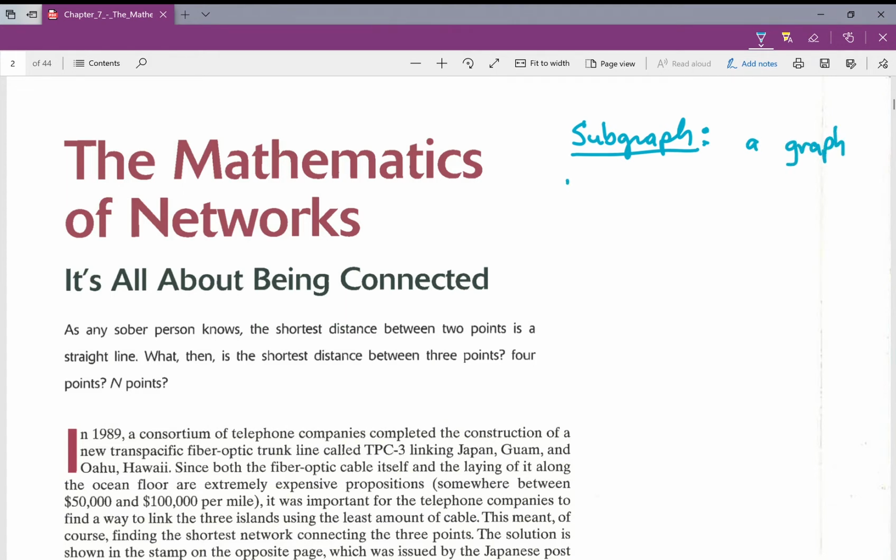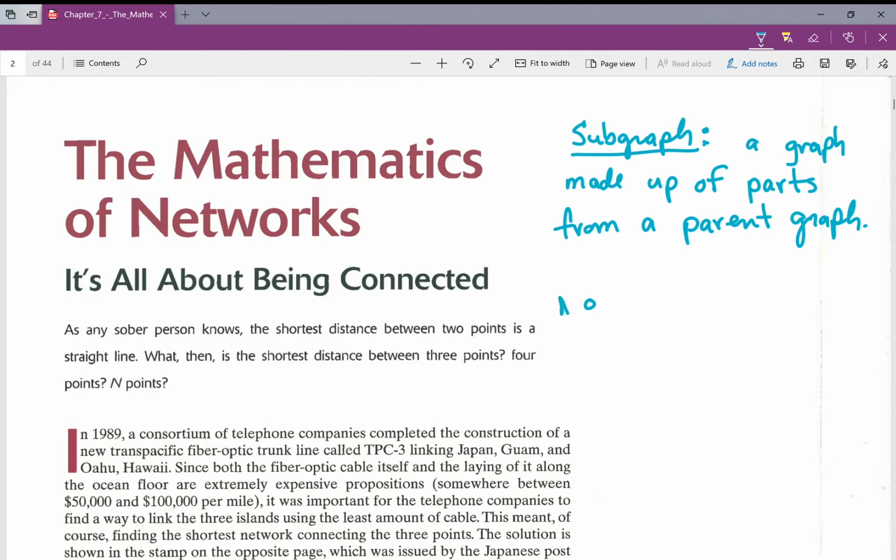So a subgraph is a graph made up of parts from a parent graph. And to make a simple example, I have a graph here with 4 points.